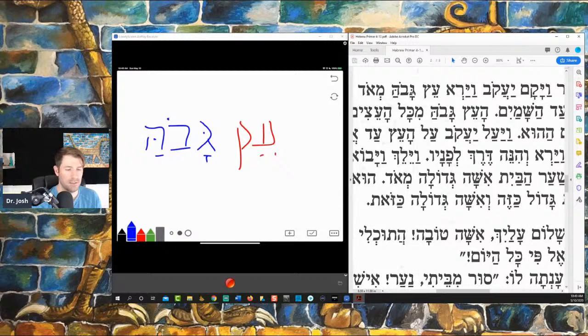Notice that it doesn't have ha before it, so you wouldn't say 'and he saw the tall tree', which wouldn't make any sense. He saw a tall tree, and then you get this word me'od. We were just talking about this.